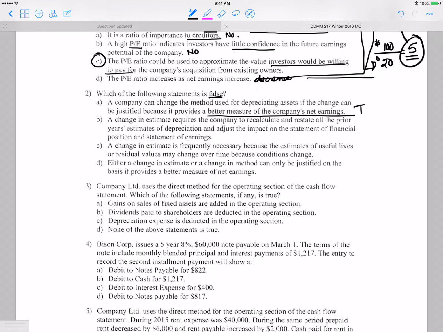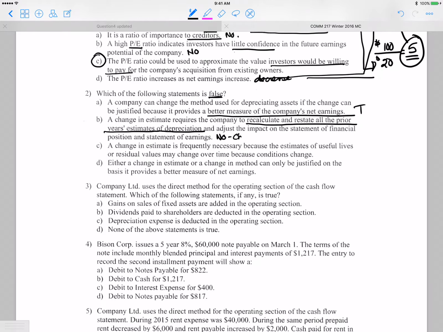A change in estimate, so when you change the depreciation method or anything that involves the depreciation calculation, the company is required to go back and recalculate and restate all prior years' estimates of depreciation. Well, this is not true. This is false.